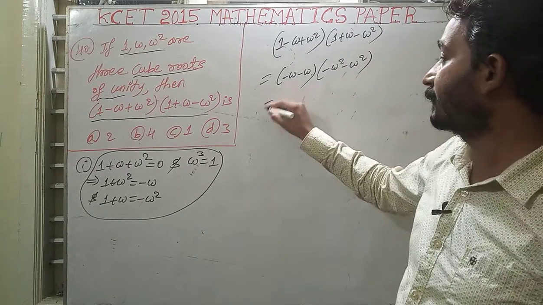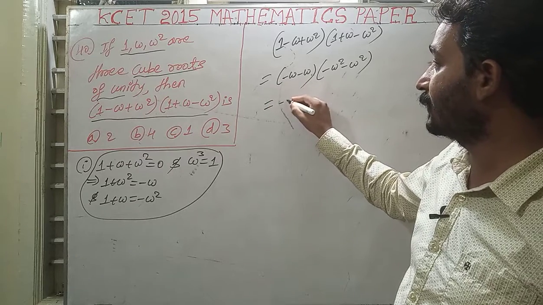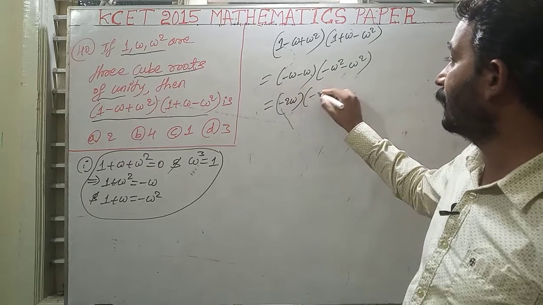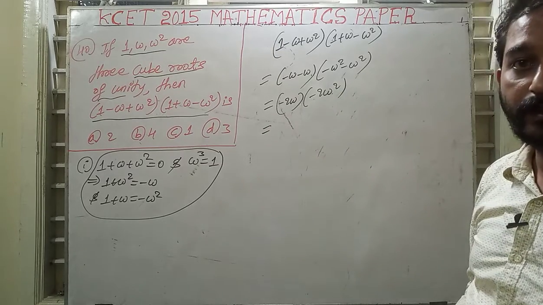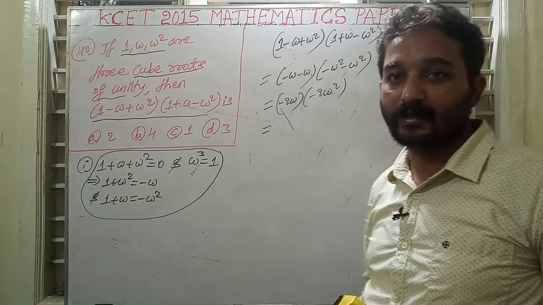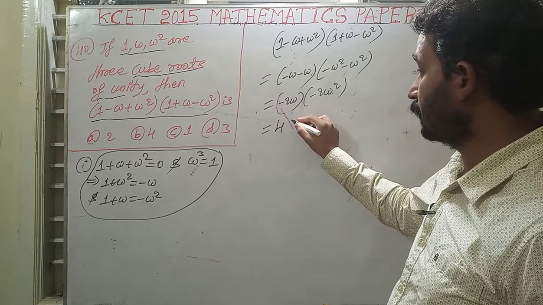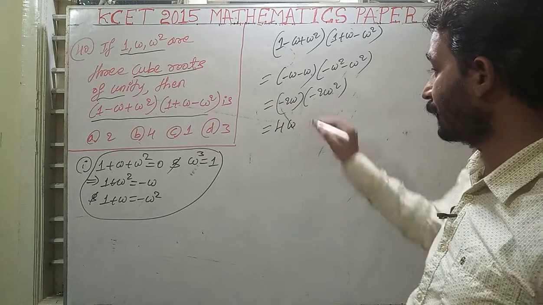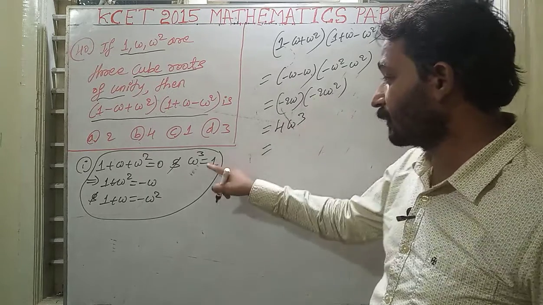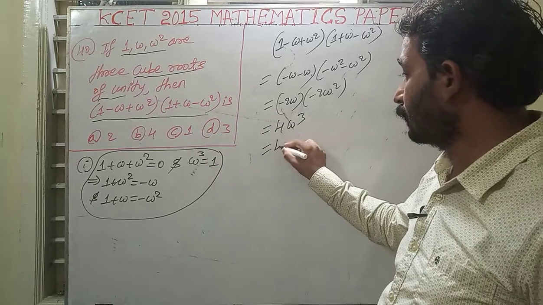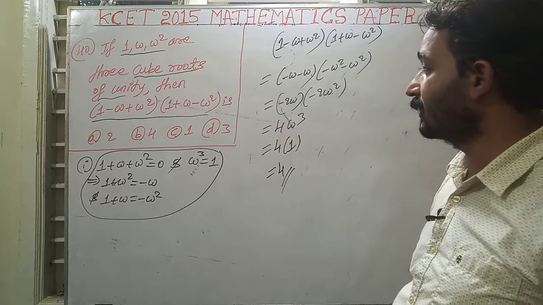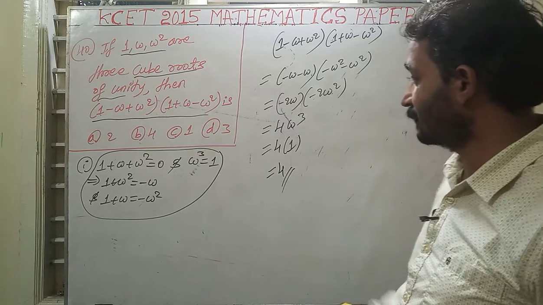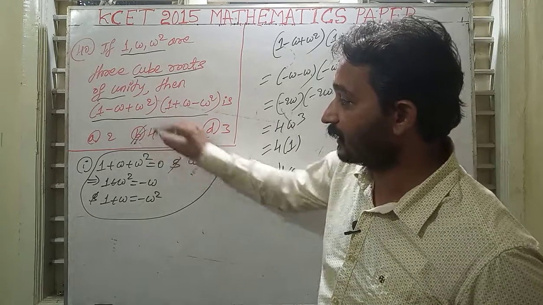Simplify this: minus omega minus 2 omega into minus 2 omega square. First multiply the numerical values, minus 2 into minus 2 is plus 4, and omega into omega square is omega cube. Already well known that omega cube is equal to 1. It becomes 4. So a good answer. Which option matches this answer? Option B is correct.